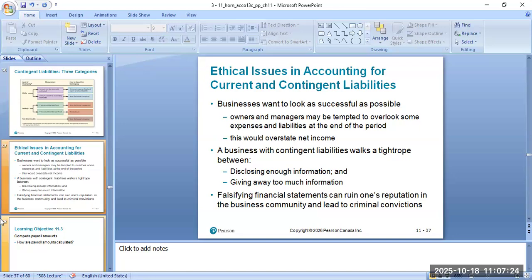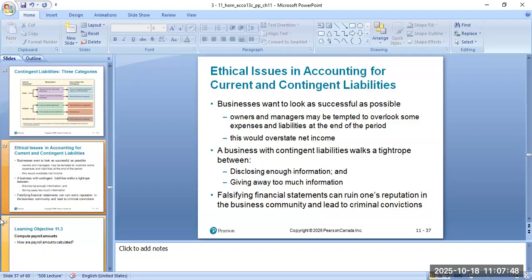If the business has a contingent liability, it may decide that disclosure is enough and not give away too much information. If we don't record it, but just put it in the notes, that means we're not recording the expense.